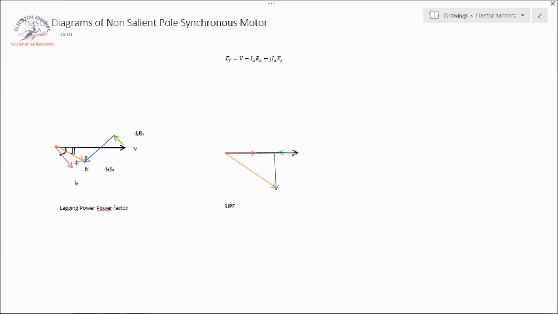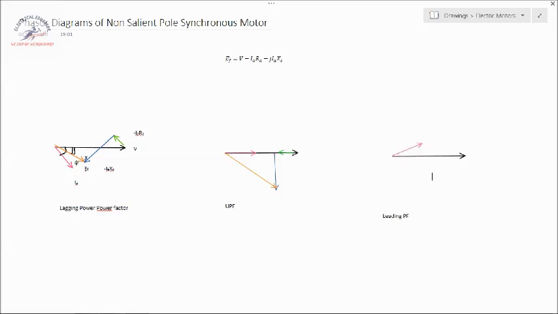The next case we have to draw is for leading power factor. So in the leading power factor, Ia leads vector V by some angle. Ia should lead now, not lag.